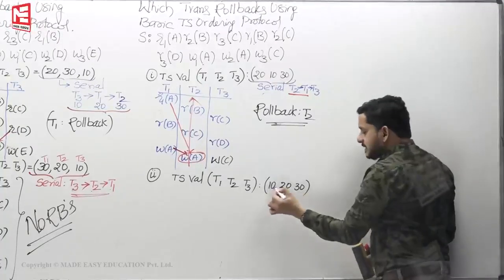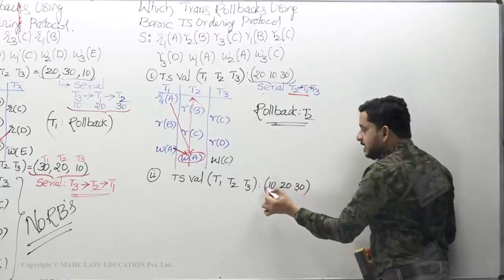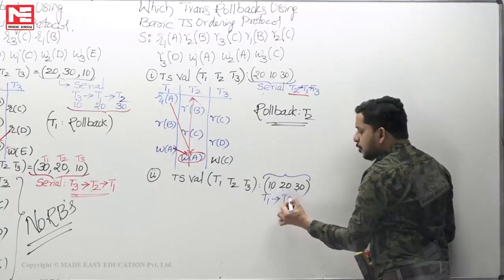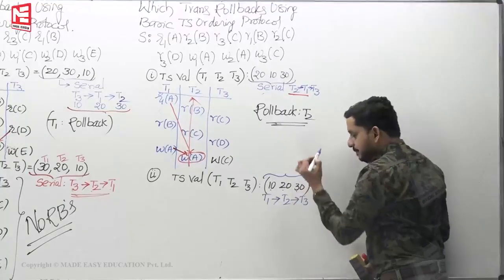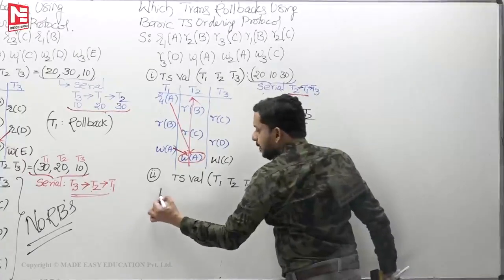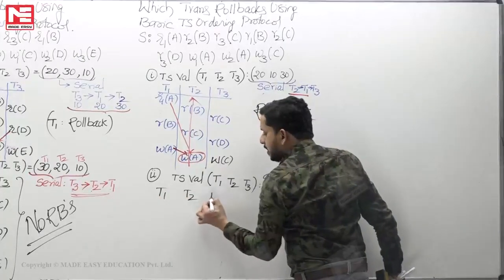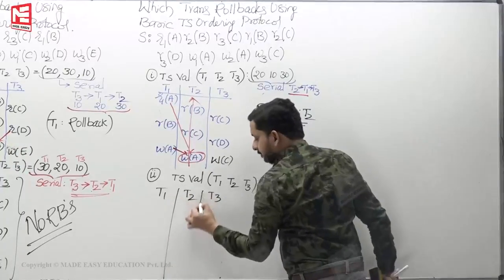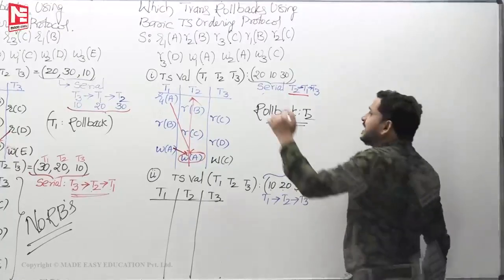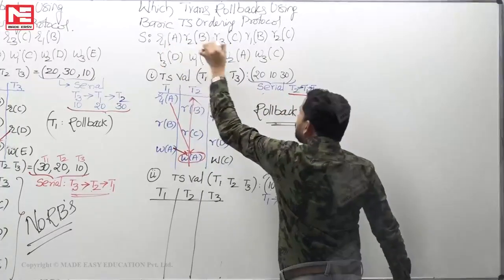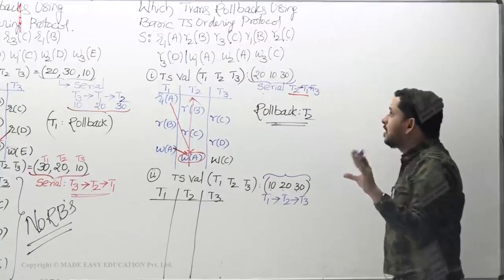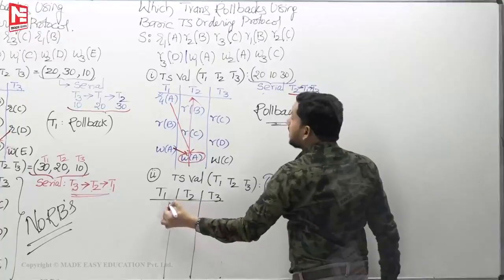So here T1 is 10, T2 is 20, T3 is 30. So what is the equal serial schedule? T1 followed by T2 followed by T3 is the equal serial schedule. Okay, let us see whether the schedule is allowed or not. Till the first six operations there is no possibility of rollback, because all are reads only.